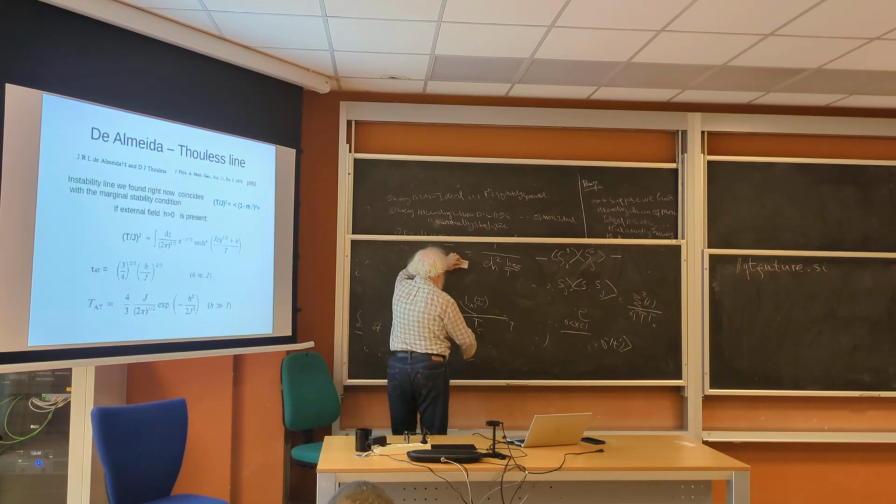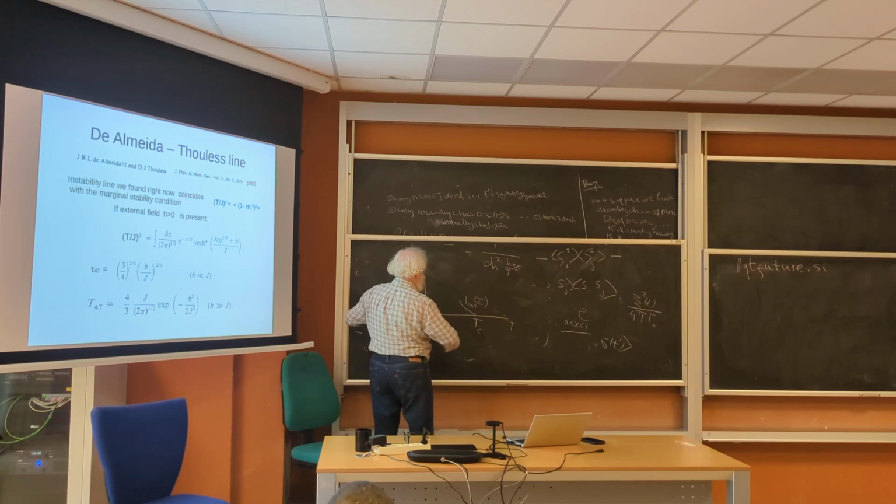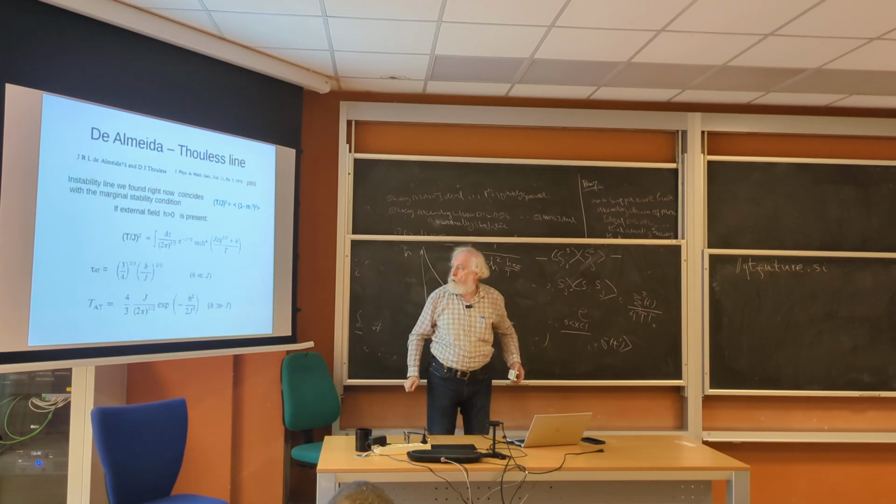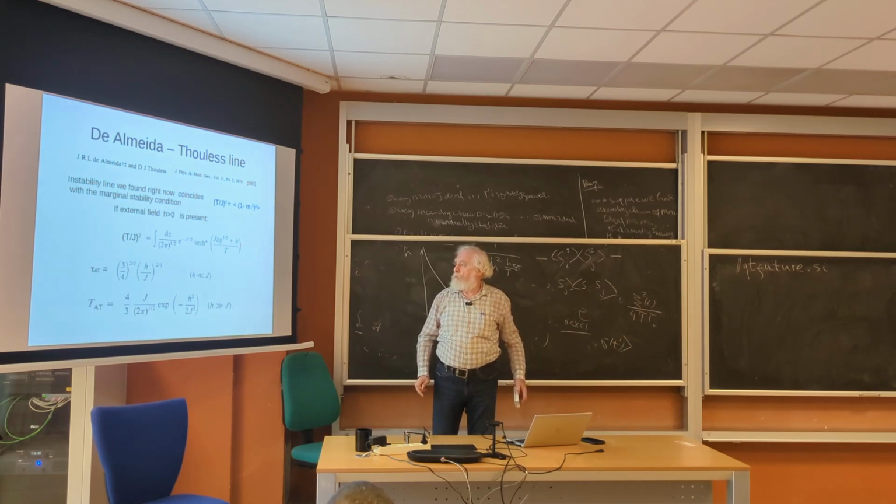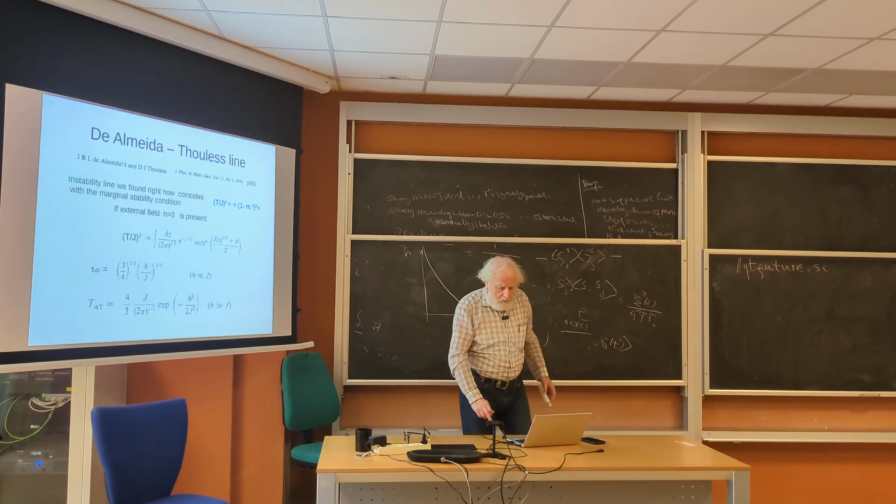So it will go like this. It might be strange that even when the magnetic field is much larger than the variance of our coupling, still at low temperature we have some kind of instability.